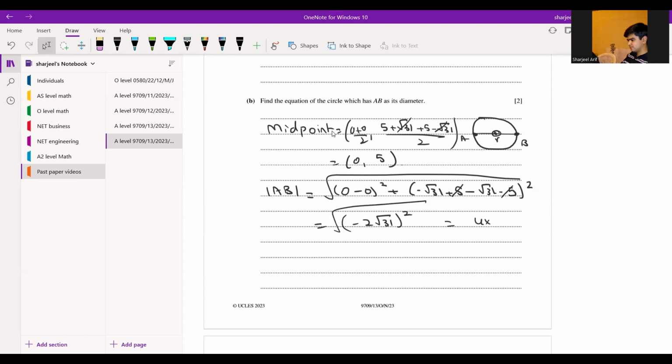So this will be 4 into 31 under the square root. So that will be our value for the diameter.